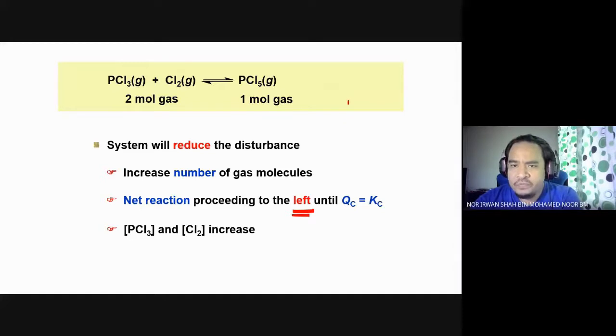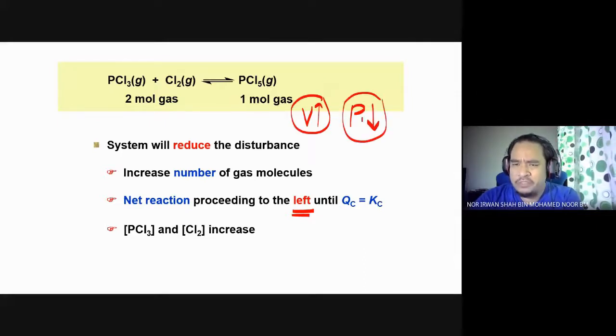Remember, the disturbance is increasing volume. So when the volume is increased, what happened to pressure? The pressure drops. So now the system needs to increase the pressure.